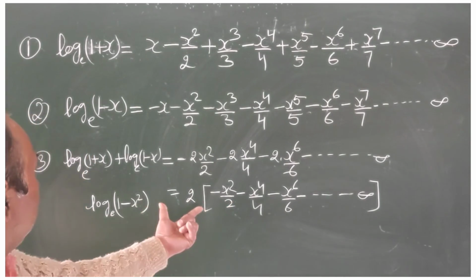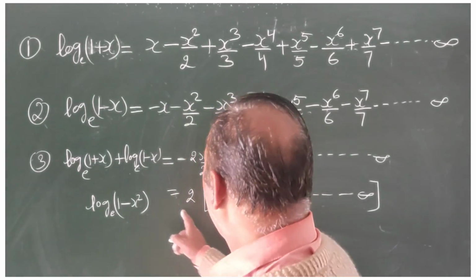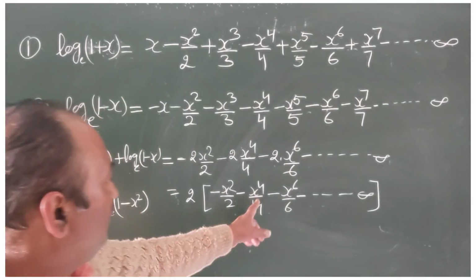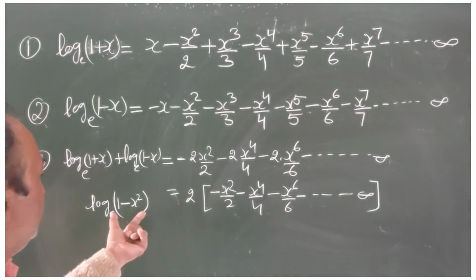Hence this is the important result from the competition point of view. The value of 2 into minus x square upon 2 minus x raised to power 4 upon 4 minus x raised to power 6 upon 6 minus and so on up to infinity is this.